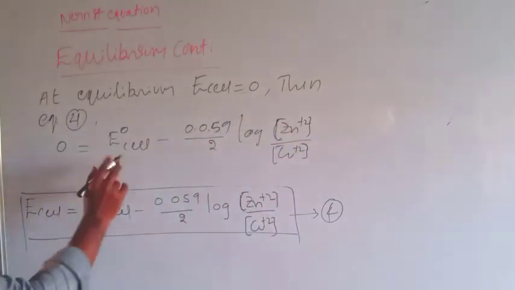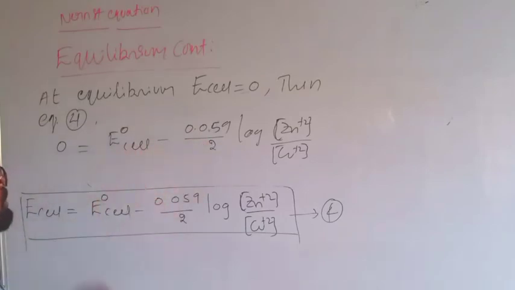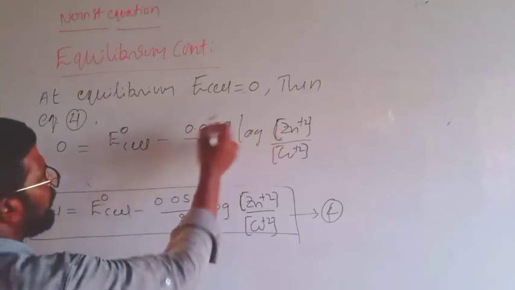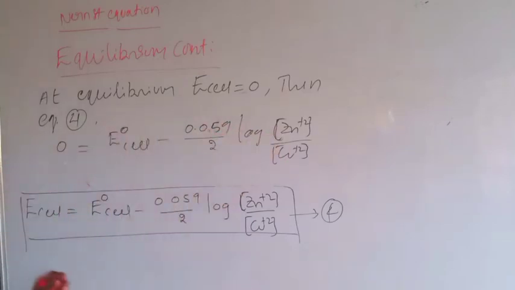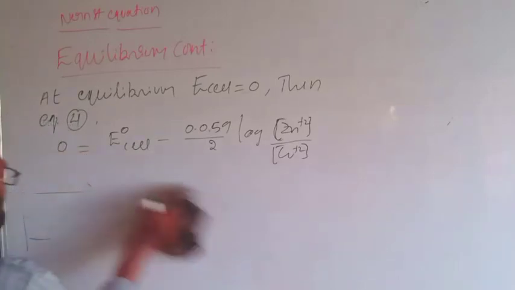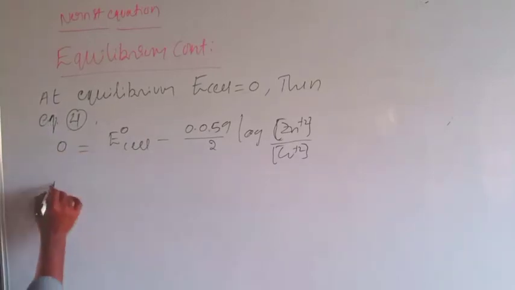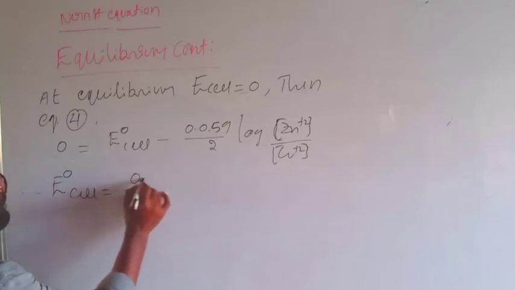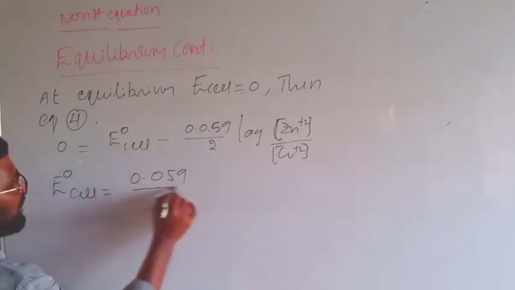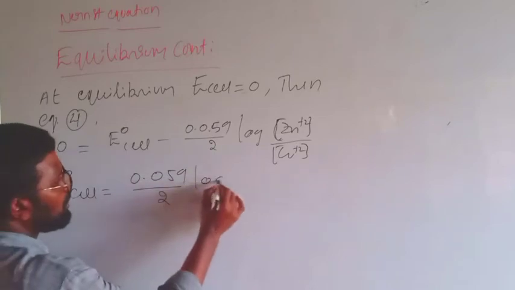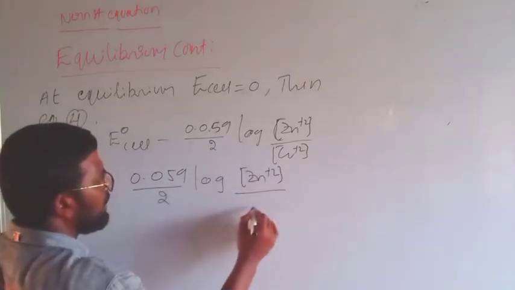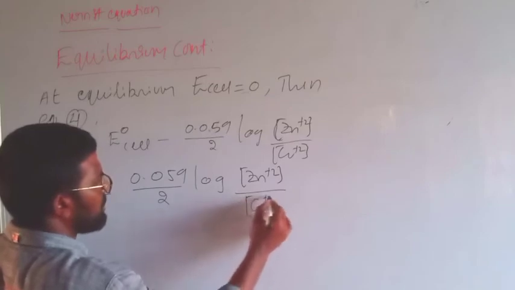If we send the negative part to the left hand side, it becomes standard electrode potential of the cell is equal to 0.059 by 2 log Zn plus 2 concentration by Cu plus 2 concentration.